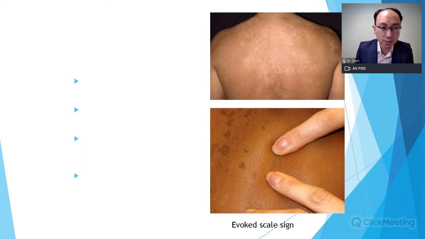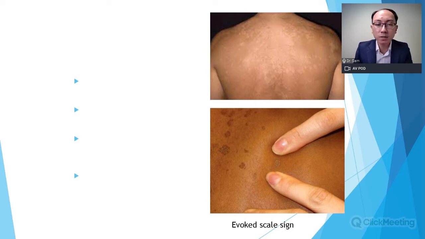This Pityriasis Versicolor is caused by a fungus called Malassezia furfur. Most of the time it is non-itchy, but it causes cosmetically disfiguring hypopigmentation, and the patches can spread bigger and bigger. So how do you know whether this is Pityriasis Versicolor? Here we can recommend a simple test which we call the evoked scale sign.